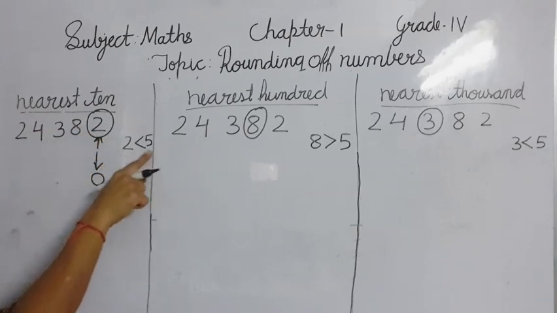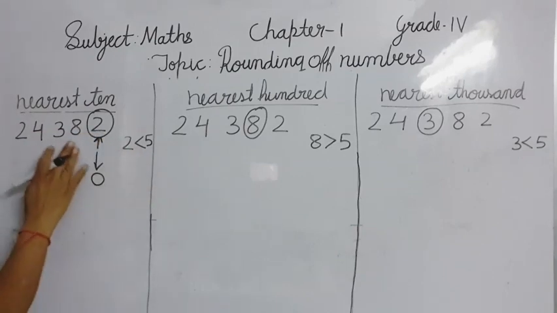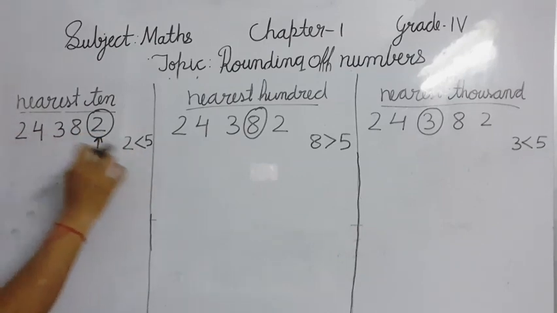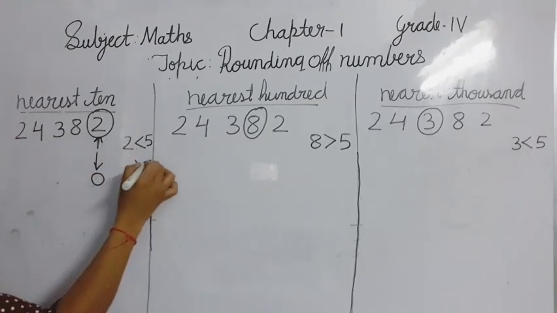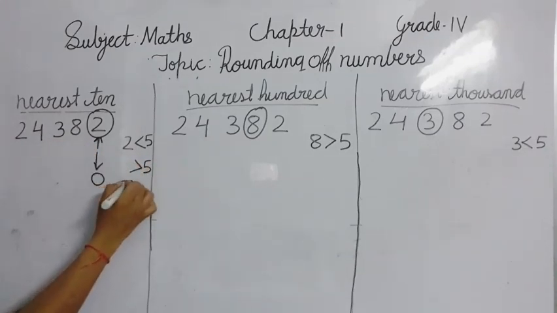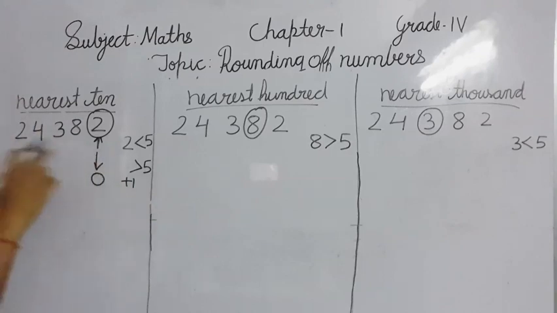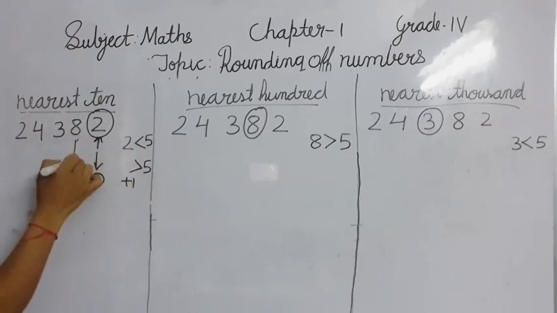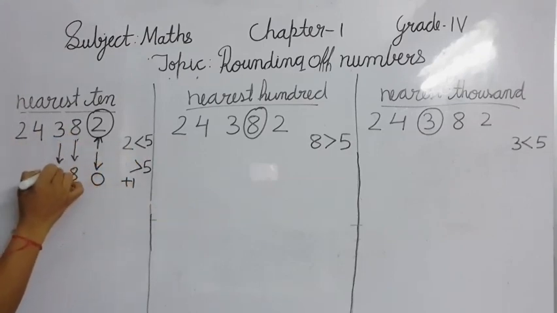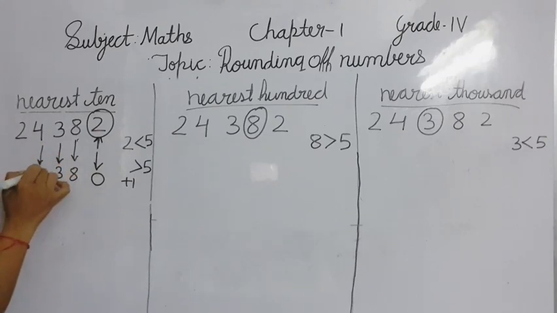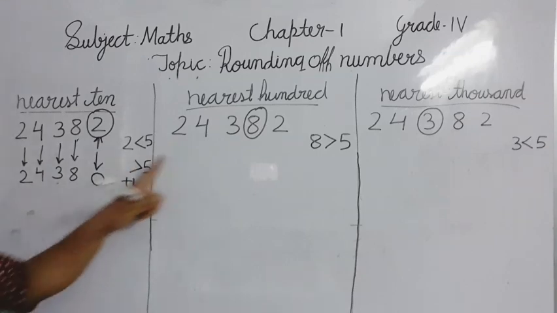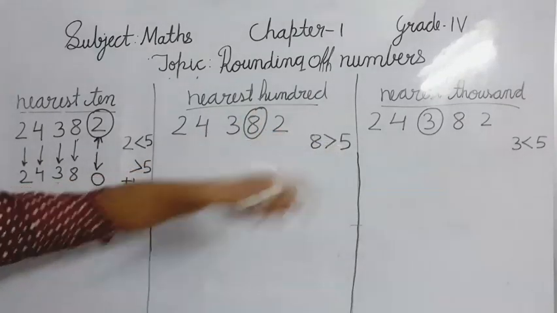If it is less than 5, then the rest digits will be the same. If it is greater than 5, then we'll add 1 to the tens place, but it is less than 5, so the rest places will be the same here. Okay, now see the next number, nearest 100.